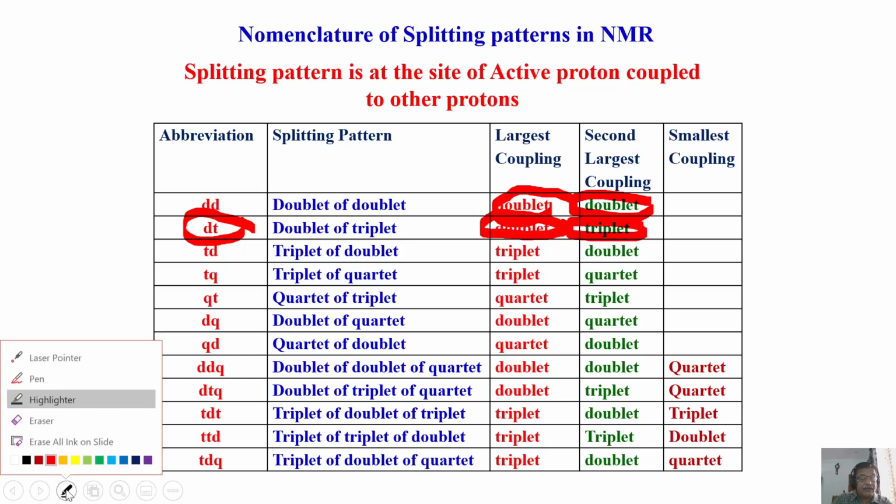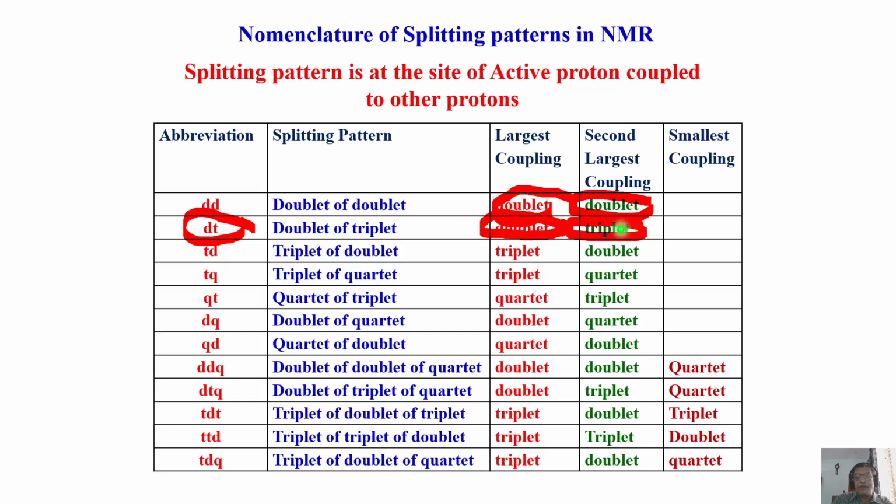You understand? So that is what happens. Like this, it is triplet of a quartet, larger is triplet, smaller is quartet. Like that you can keep writing. When three protons are coupled, three spins are coupled, first one could be larger, it is called DDQ, doublet of doublets of quartet. First coupling larger is doublet, then second is doublet, third is quartet. If I say TTD, triplet of triplets of doublet, first coupling larger is triplet, second largest coupling is triplet, third is doublet.